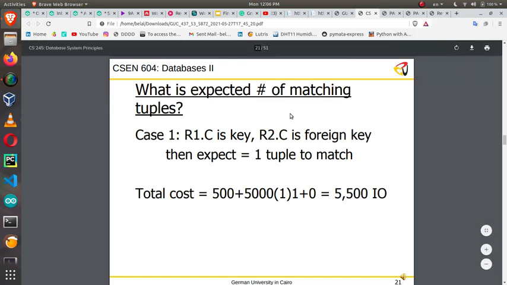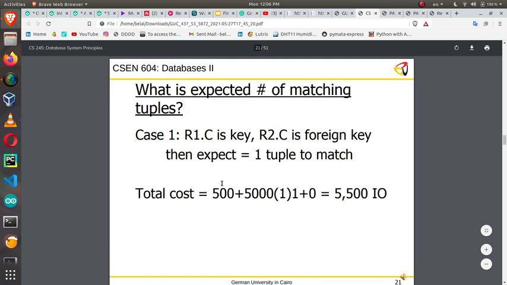The first case is that we have the R1.c index and column C in relation R1 is a primary key, and R2.c is a foreign key. So based on this piece of information, we can assume that for each value in R2.c there is a matching, okay, one match in R1.c.